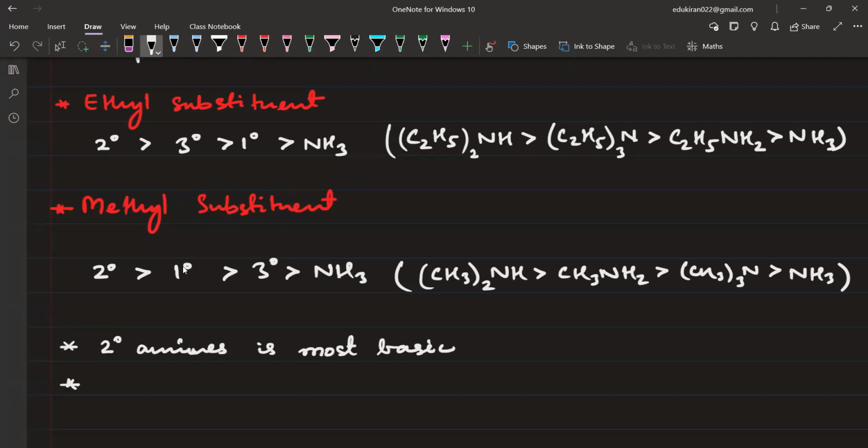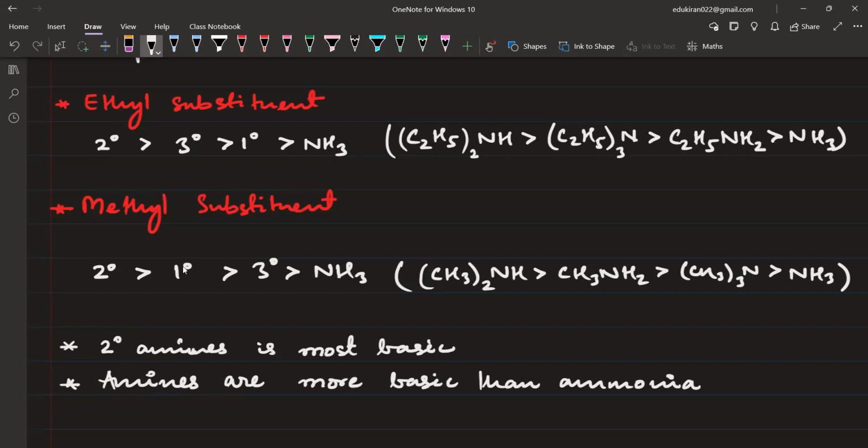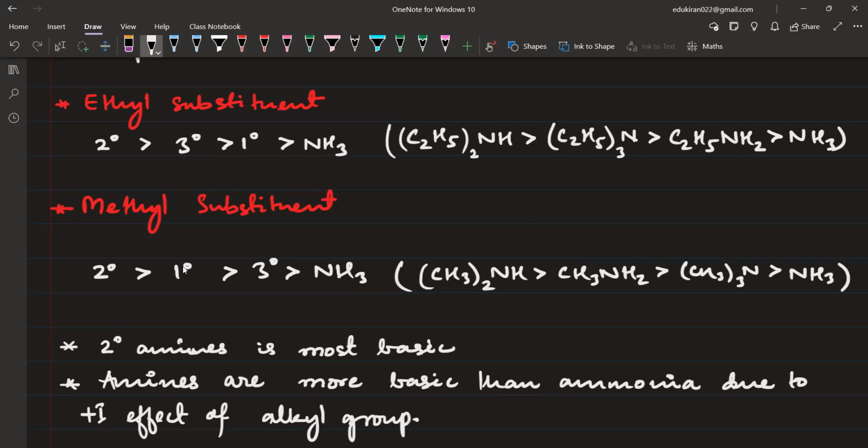And another concluding point we can write is amines are more basic than ammonia due to the +I effect of alkyl groups. Okay, so these 2 points we can conclude. Write this down. Then we will look at aniline versus amine.